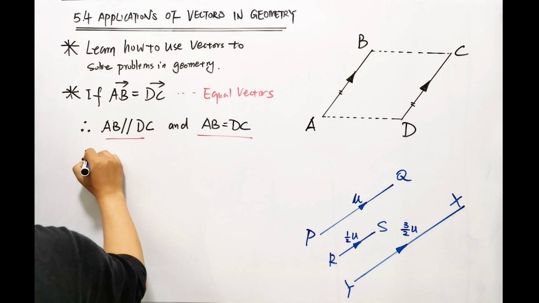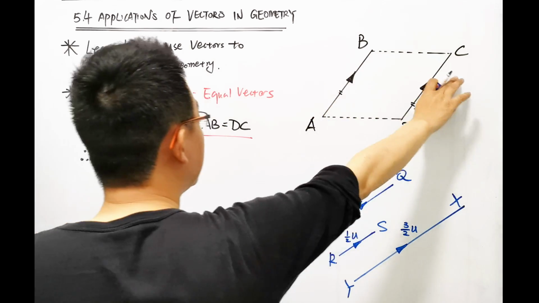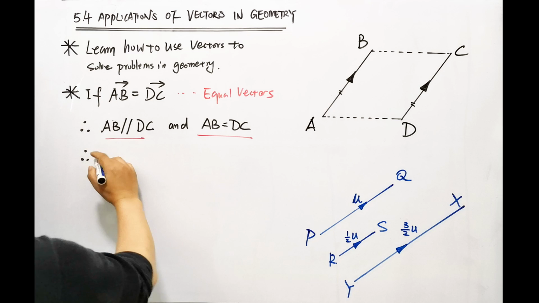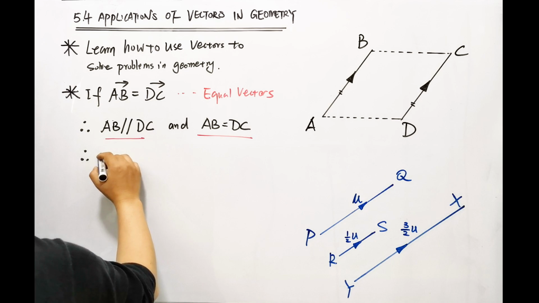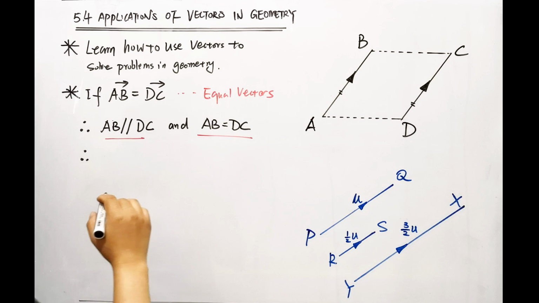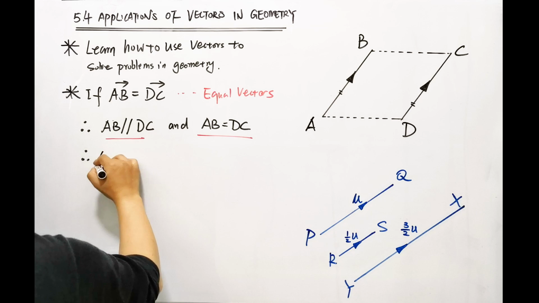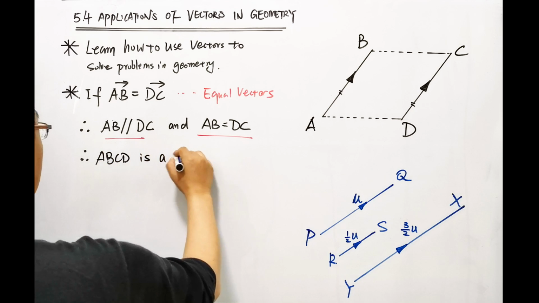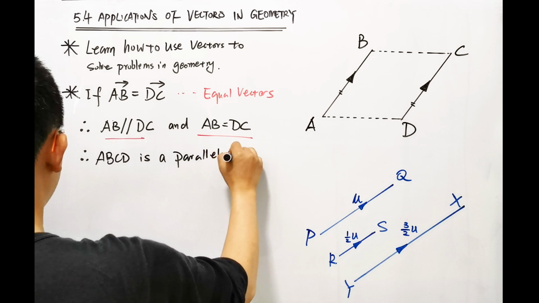Because these two vectors are equal to each other, they are parallel and have the same magnitude. So from here we can see that this quadrilateral ABCD is also a parallelogram.